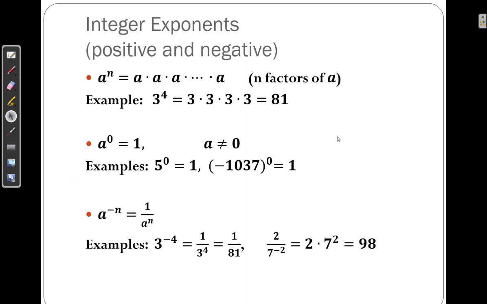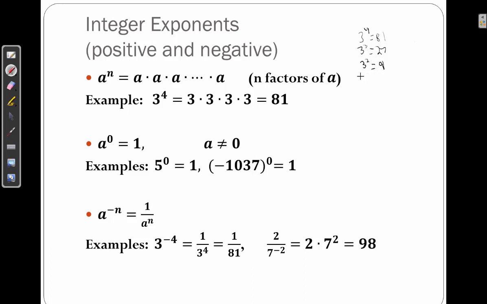Now, if you're going to look at 0 and negative powers, let's just look at some powers of 3 over here. We know 3 to the 4th is 81. We know 3 to the 3rd is 27. 3 to the 2 is 9.